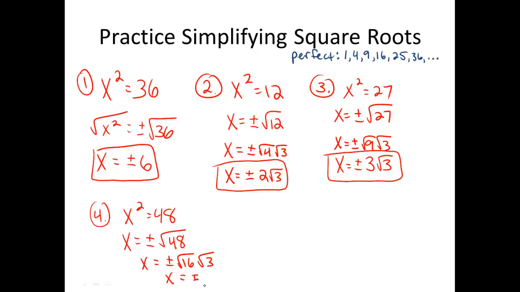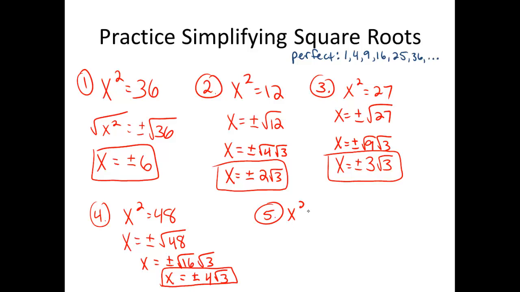So x equals plus or minus, the square root of 16 is 4. The square root of 3 is not a perfect square, so we have to leave it just like that.